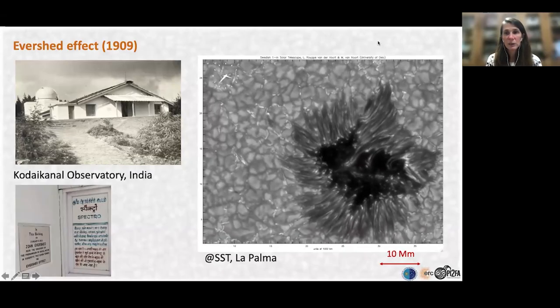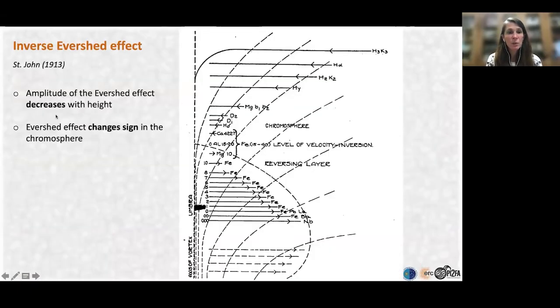In particular, we wanted to see what happens to this Evershed flow as we move higher to the chromosphere, because it has been known since very long ago, 1930, that there is such a thing as the inverse Evershed effect.